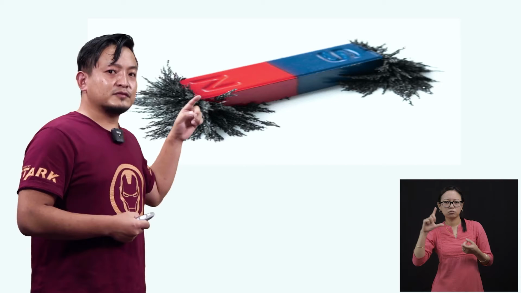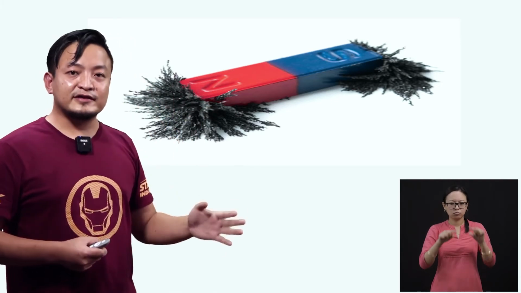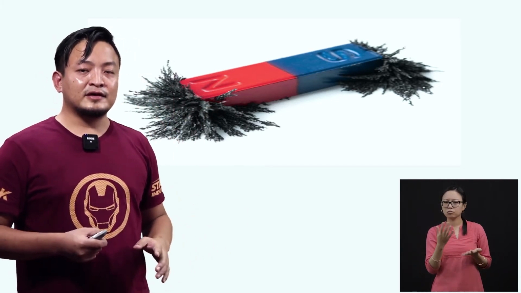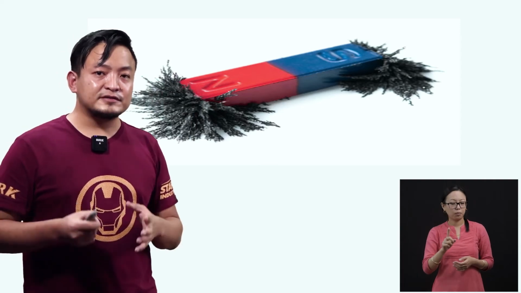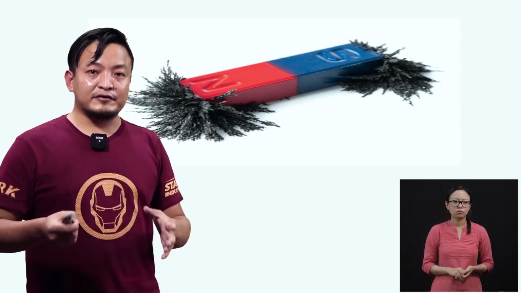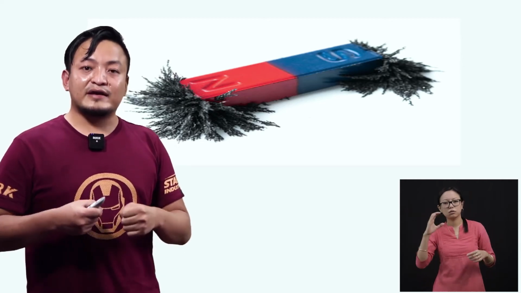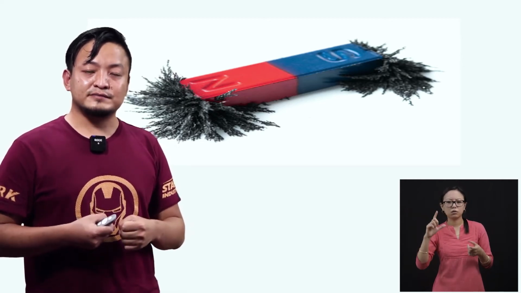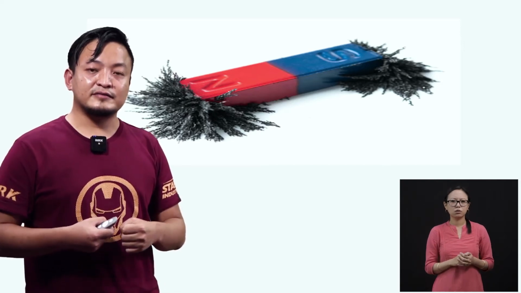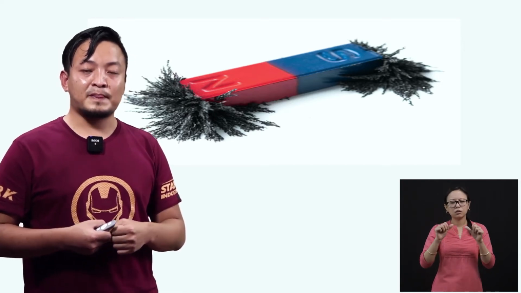Now, if you are confused about what this magnetic field is, let me tell you that the magnetic field, in very simple words, is the area or the region where magnetic force or effect can be experienced.